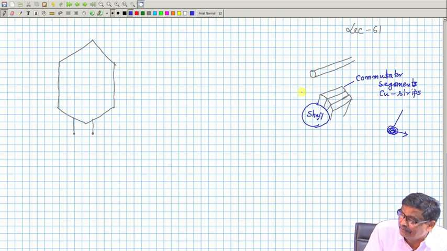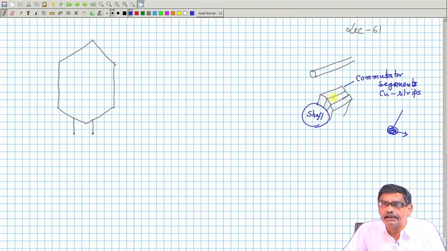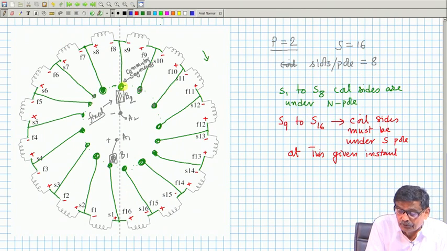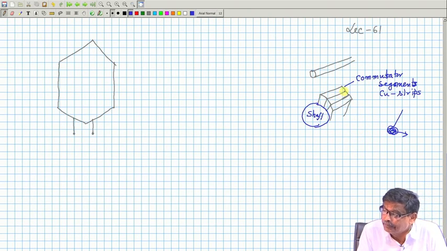Got the point? And adjacent commutator segments should be insulated from each other. They should have their own electrical identity. For example, in the previous diagram, these two are insulated by space. If they are touching, the very purpose will be lost. Therefore, what happens is this, with a different color I will show.